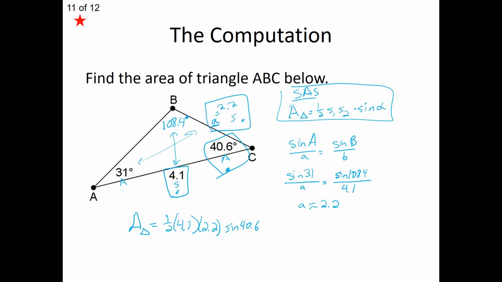I can type that all into my calculator at one time, and I roughly get an area, to the nearest hundredth, of 2.93. So there is the area of our triangle, using the law of sines paired with the angle-side-angle case to turn it into a side-angle-side case.